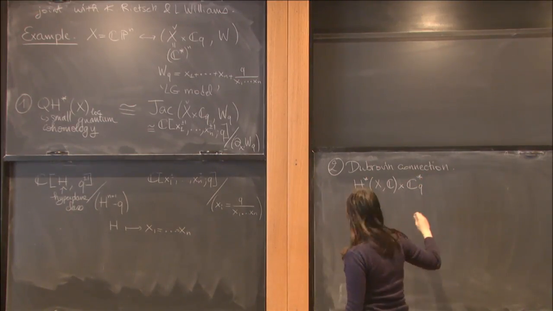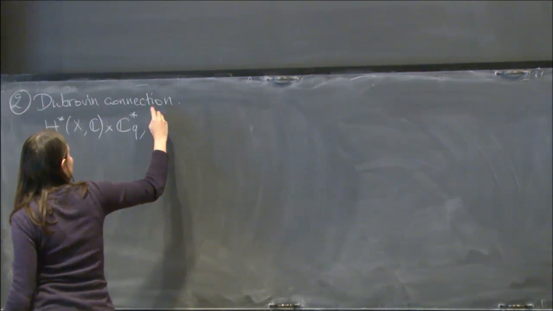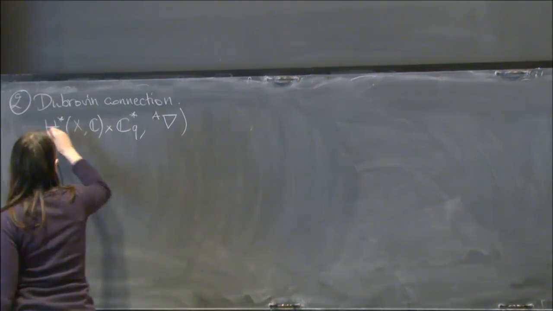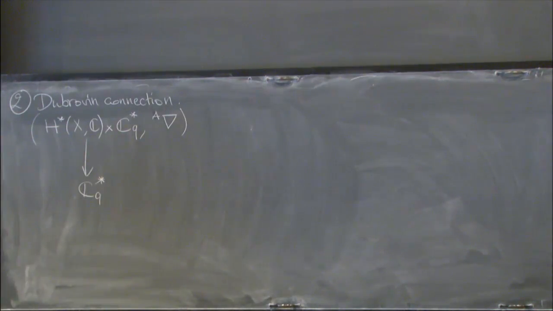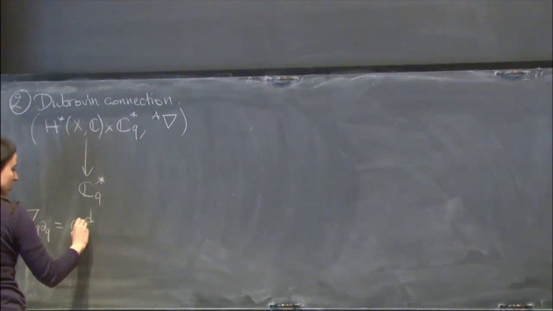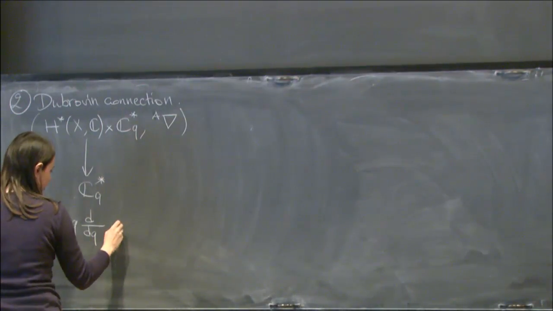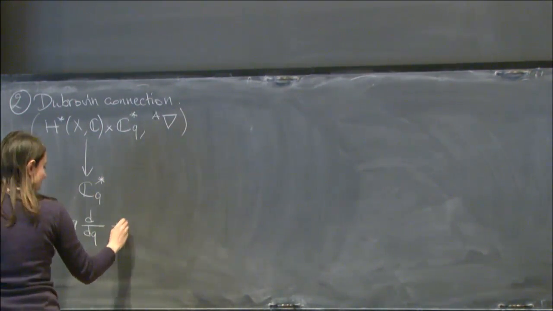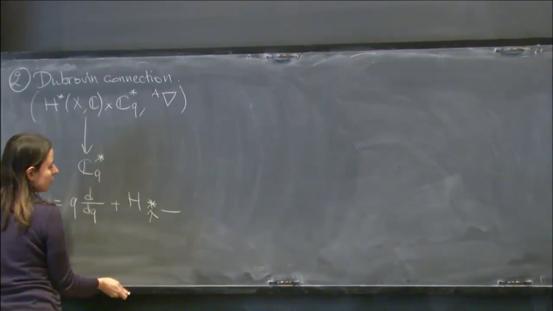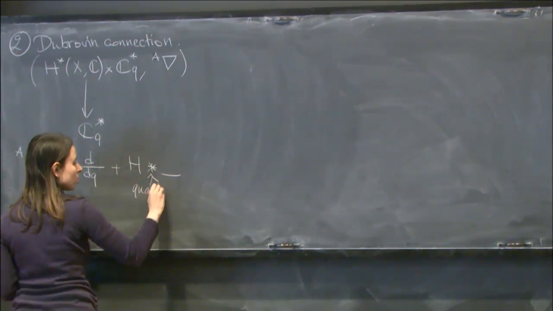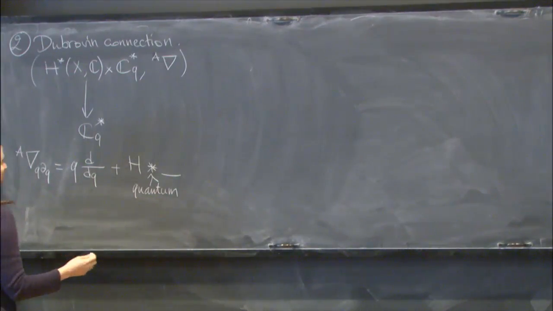This is my A model connection: a trivial vector bundle with fiber the cohomology, and connection q d/dq plus H, the hyperplane class, where this denotes the quantum product, the quantum multiplication, rather than the multiplication in the cohomology ring.